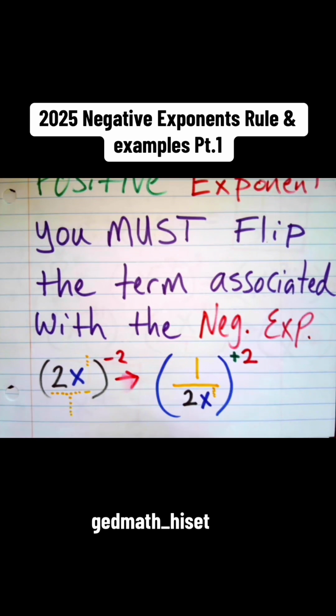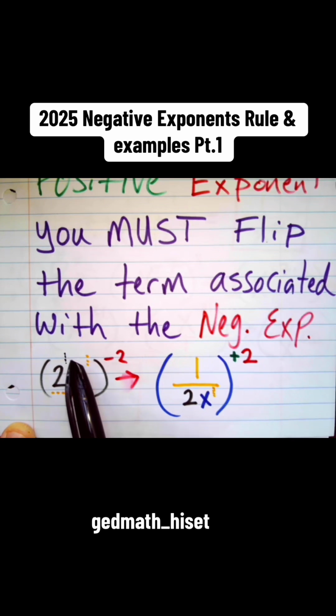If I was going to simplify this problem, again, I probably would want to show all of the invisible ones in this particular problem. Showing those invisible ones here in the exponents place for the 2 and the exponents place for the x, and showing that there is an invisible 1 underneath this 2x term.